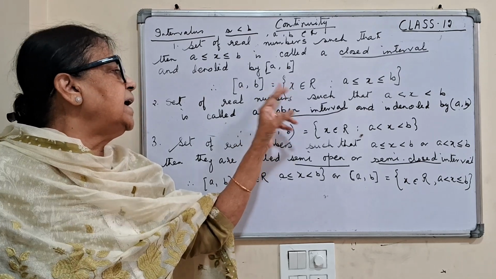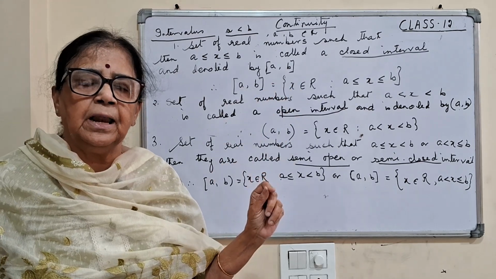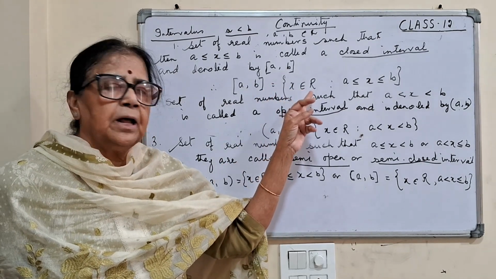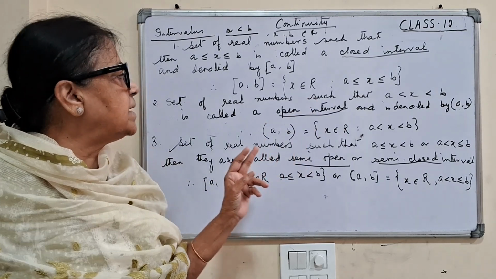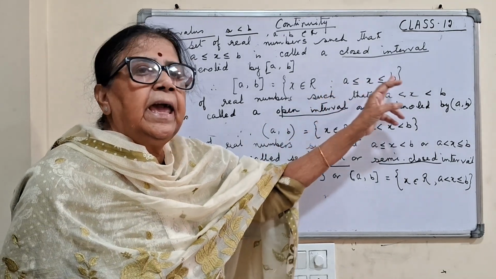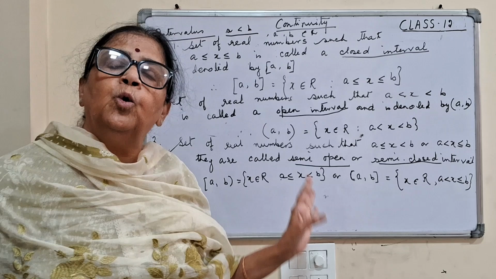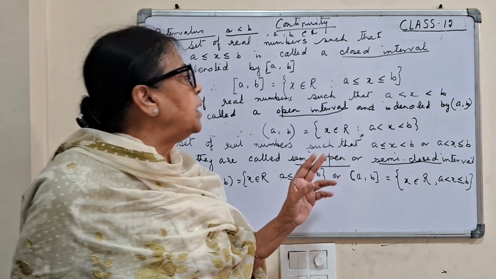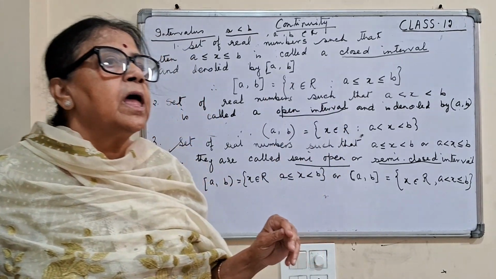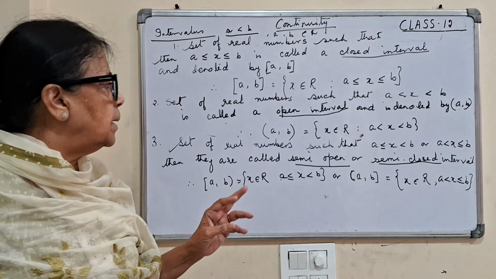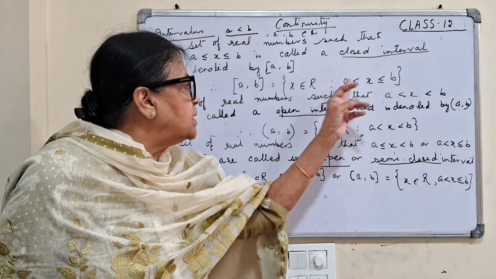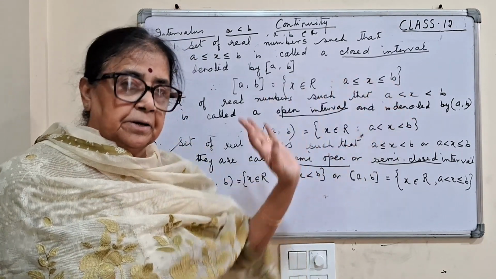I can write x is an element of real numbers where x is between A and B, and A and B both are included. Included means both the numbers can be considered.